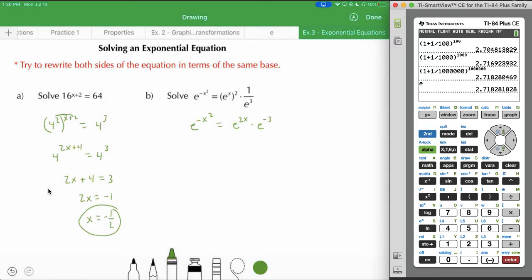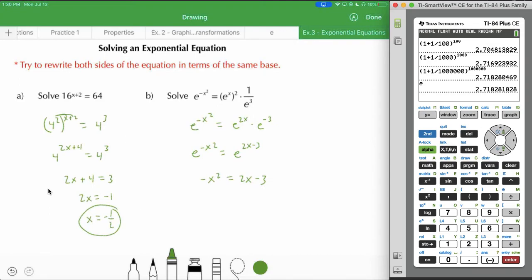Right, and then I can add those two exponents together to rewrite this as e to the power of 2x minus 3. Now I have a single expression of e on both sides of the equation, and that means that their exponents are equal to one another. Right?